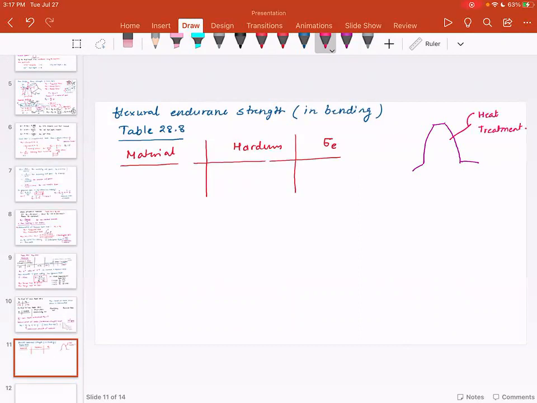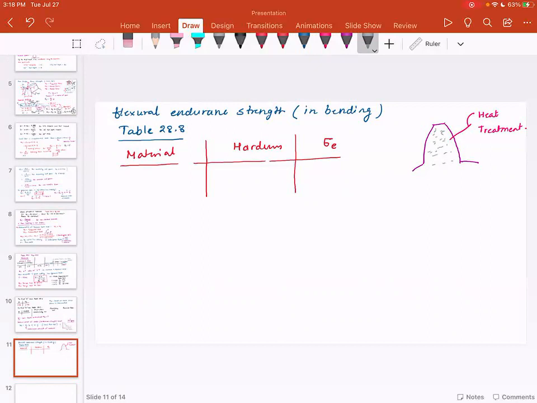This heat treatment could be quenching, annealing, or maybe some sort of shot peening, some heat treatment and surface treatment to make not only the surface strong, but the material strong. So depending upon the hardness, the endurance strength changes.